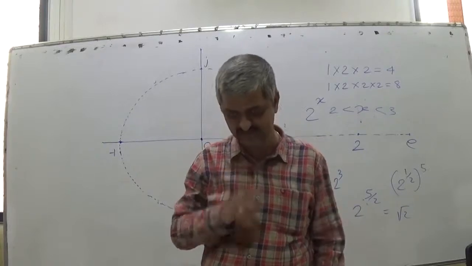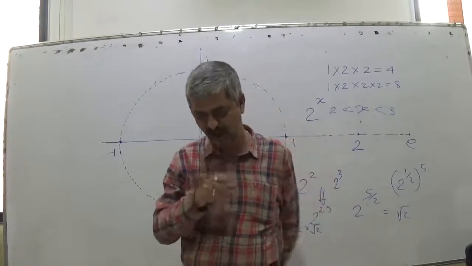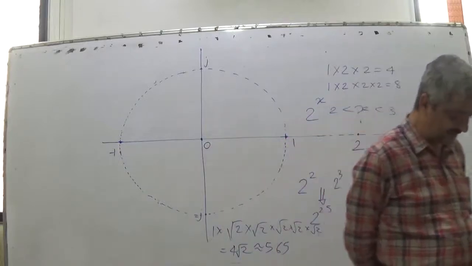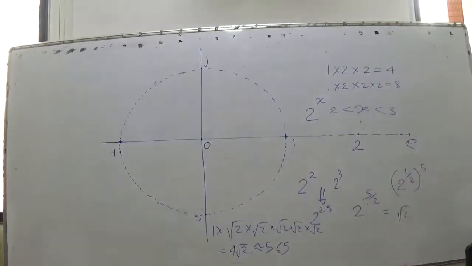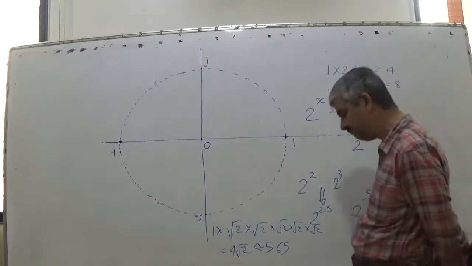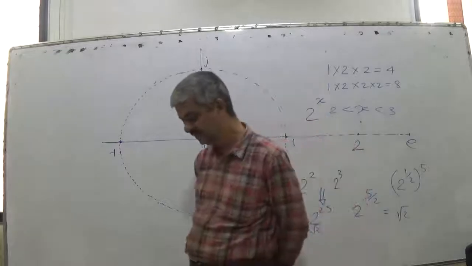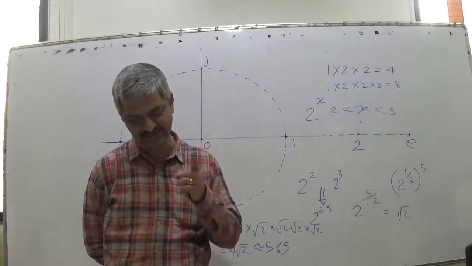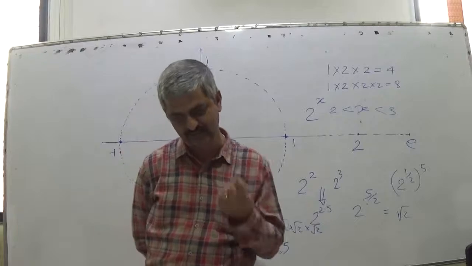listen very carefully, what exactly is the meaning of raising a number, how you will convince yourself. If number x is in p by q form, then you can do it. If number x is not in p by q form, then you will take two numbers in p by q form, one which is less than x, the other which is more than x.